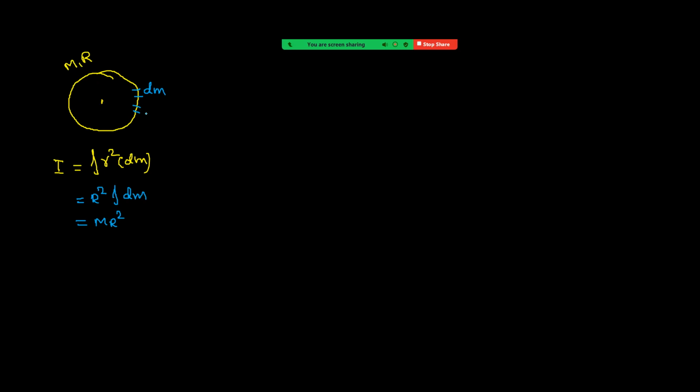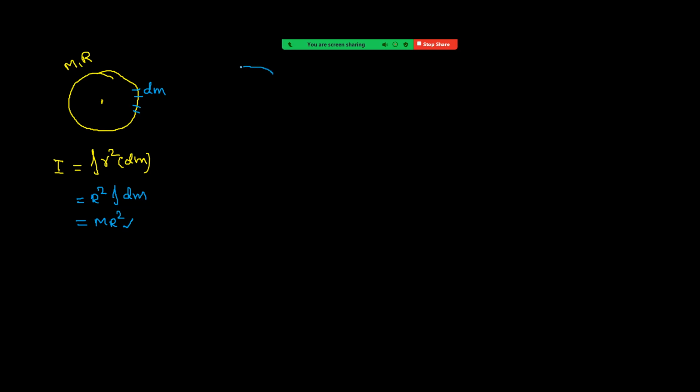See how it is. When you are doing this calculation, the integration of dm gives us the total mass. So here the distribution of mass need not be uniform. Even though the distribution of mass is not uniform, there is no change in the result.